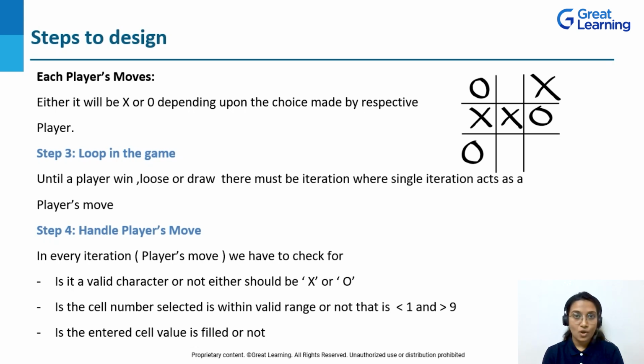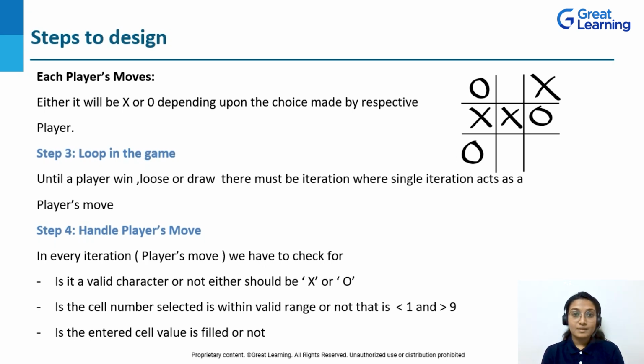It should not be 0 or 10, right? So we have to check for that condition. The third condition is whether the selected cell is already filled or not. Sometimes the player might choose the same cell again by mistake. We have to create exception handling methods for all these.